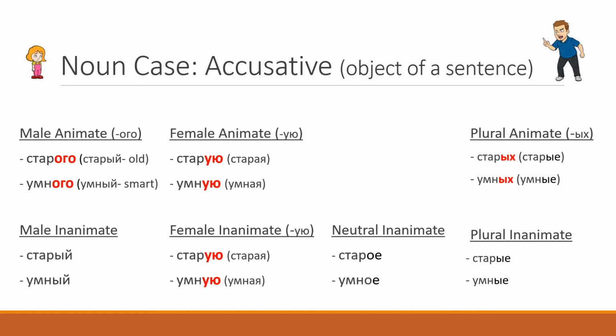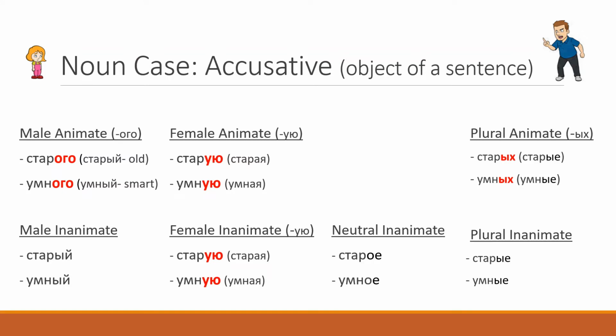So in summary, this should look very familiar to you. This is a similar pattern to what we saw in the accusative noun case. Okay, just like with the nouns, the adjectives, they don't change for inanimate objects except for female. Alright, so you're actually only learning 3 new endings here.